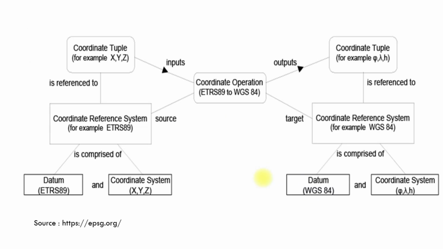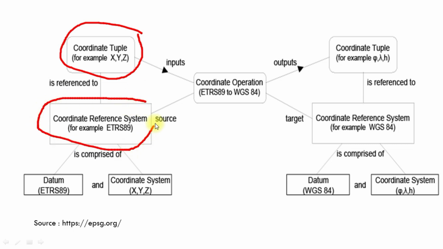So here is the diagram of how the reprojection is done. For instance, you have a map, or a point, which has x, y, z coordinates. And these coordinates are referenced to a coordinate system, for example ETRS-89.